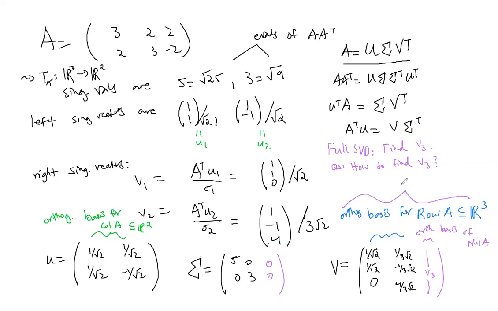So if we combine them all, this should be an orthogonal basis for R3. And so you can set up the equation by setting V3 to be orthogonal to these two vectors. You form a matrix where these two vectors are the rows, and you multiply it by V3, and that should be 0, and that lets you solve for V3.